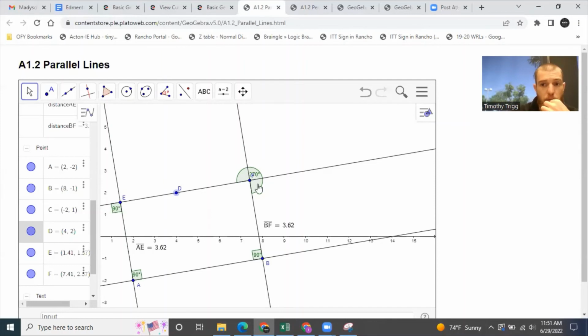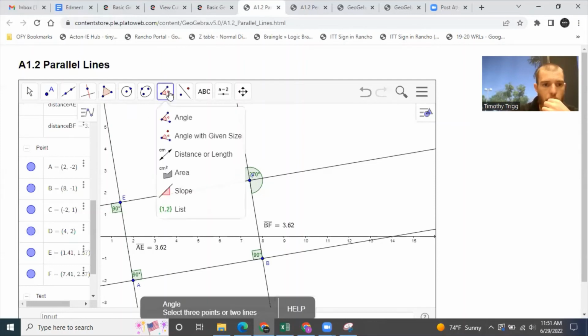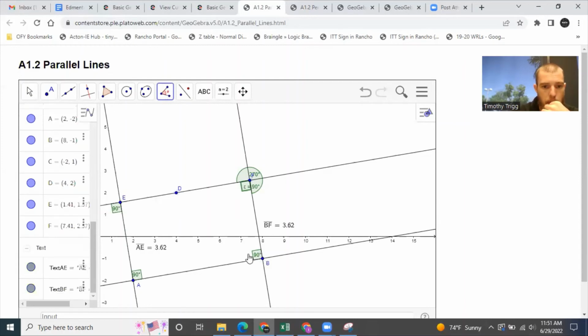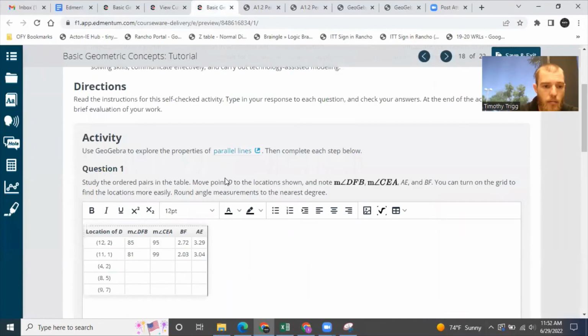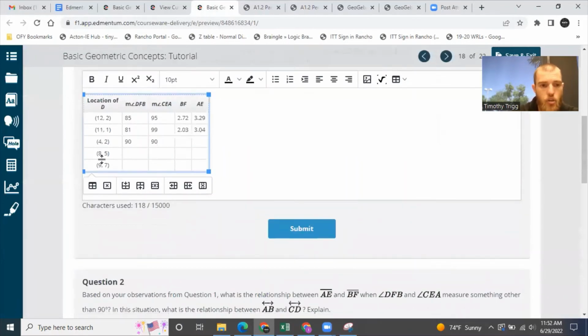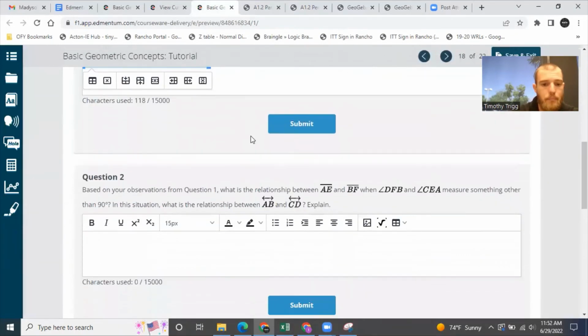It gave you the exterior angle. So you might want to go back to angle here, go to D, F, B. So it should say 90 here. Okay, and then put in the things here. So this one was 90. This one should also be 90 because it formed right angles. Put the lengths here, and then do the other points as well.